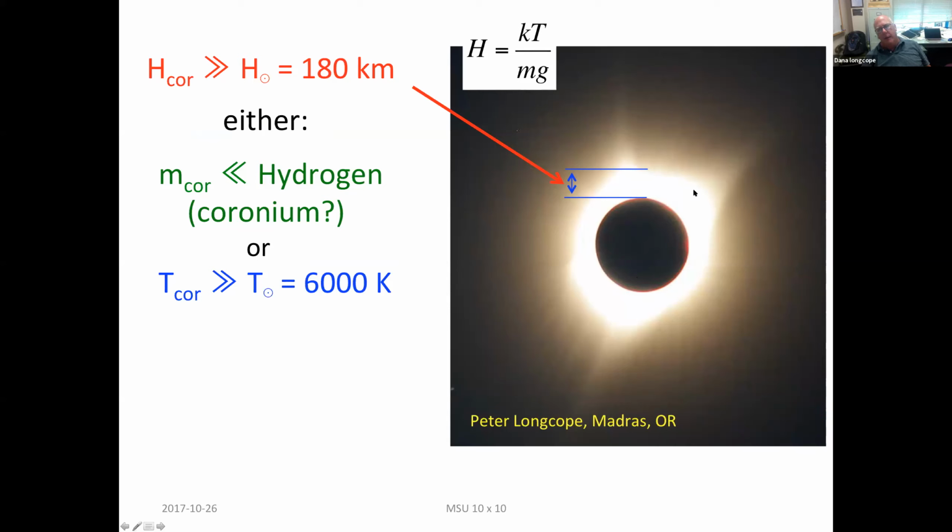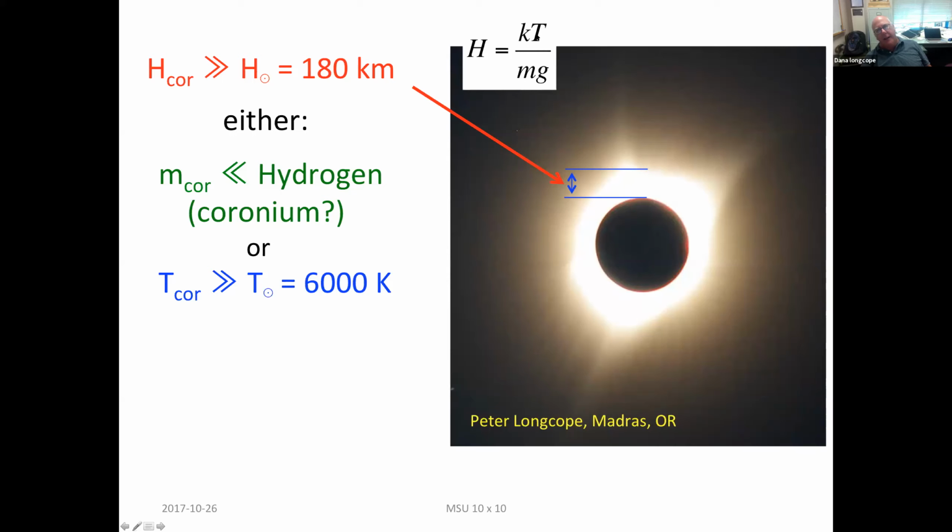That's really where the name comes from, because it's a beautiful crown around the sun. It's falling off a lot slower, right? Even if you account for the imaging effects, the scale height of the corona is much, much greater than 180 kilometers. You see this with your naked eye.